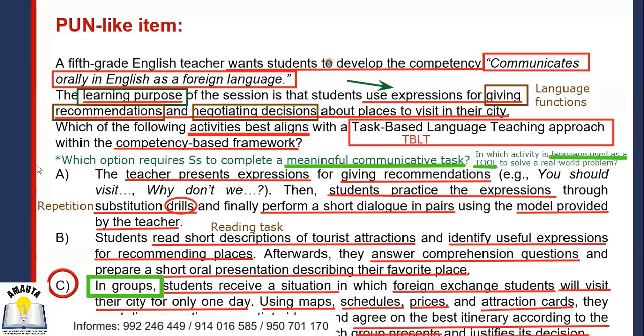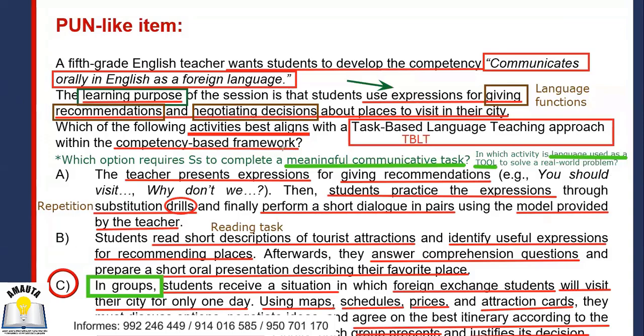In letter A, the first instructor, they work in pairs. But there's no real communication here, Mercedes, because what the students do is reproduce a model that the teacher provides, right? For example, when you put a conversation on the board, and maybe you underline some words.